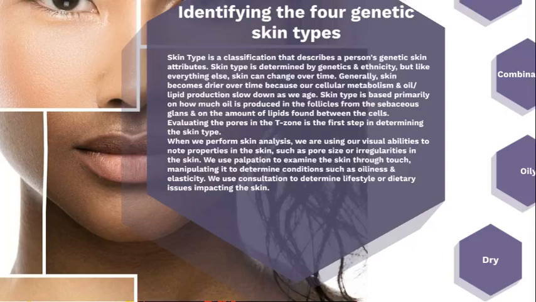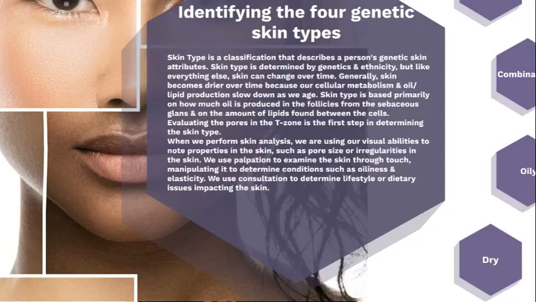Evaluating the pores in the T zone is the first step in determining what the skin type of your client is. When we perform skin analysis, we are using our visual abilities to note properties in the skin, such as the pore size or irregularities in the skin.